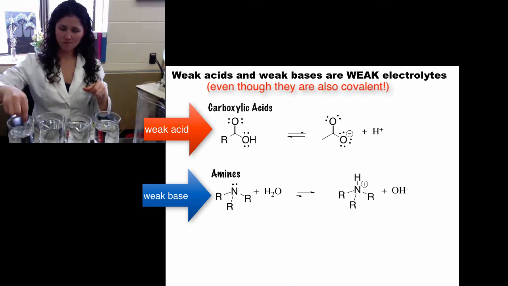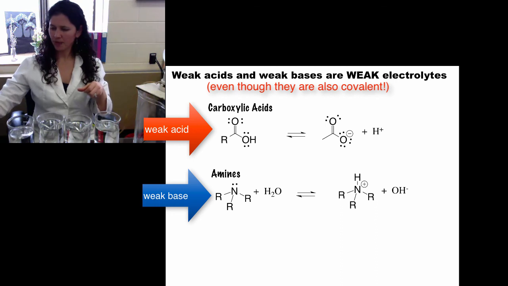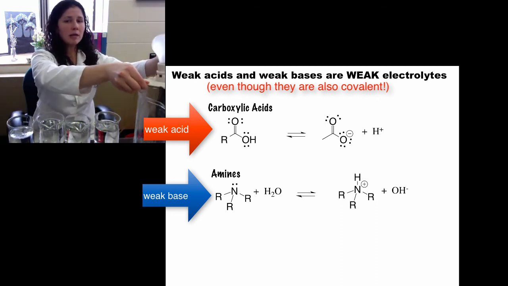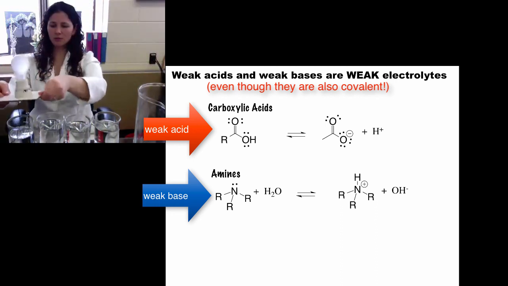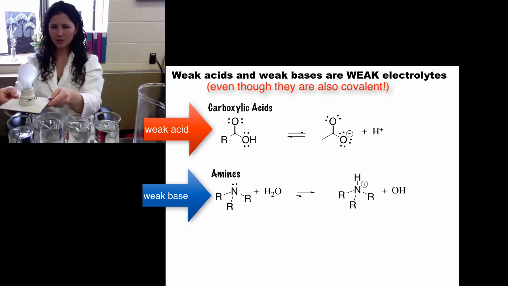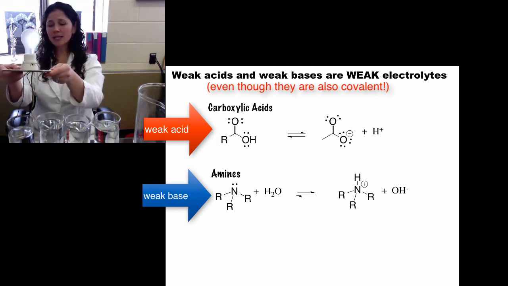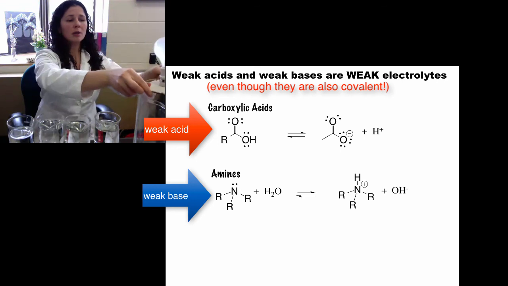It smells like vinegar. I've stirred it up, and now I will put my light bulb into this solution. Can you see that the light bulb is slightly lighting up? It's not very bright, but it is conducting some electricity because it's making some ions in solution, but not very many. This is called a weak electrolyte because it makes some ions in solution, but not very many.